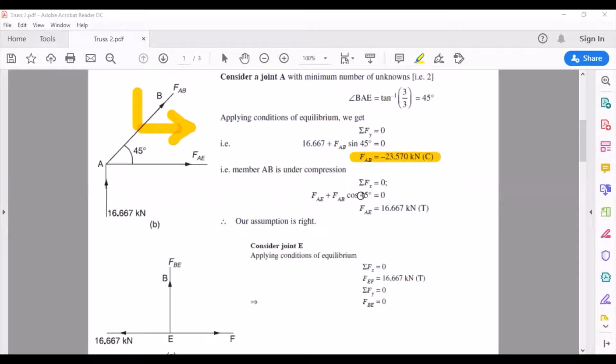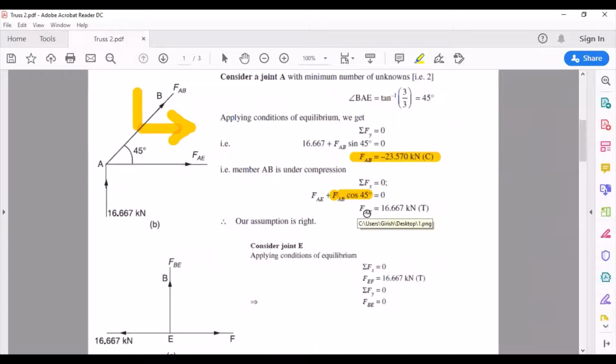So when you rearrange the terms here, what happens actually? We know the FAB value. What is the FAB value? It is minus 23.57 kilonewton. So this term becomes minus 23.57 cos 45, which will go to the other side and become positive.